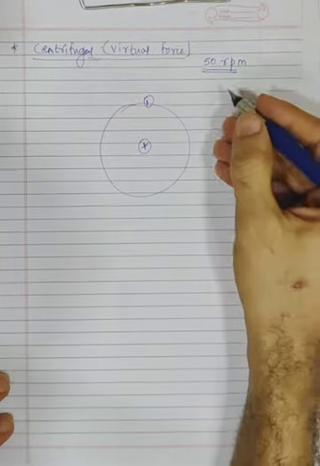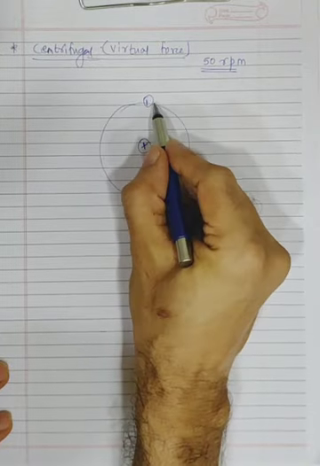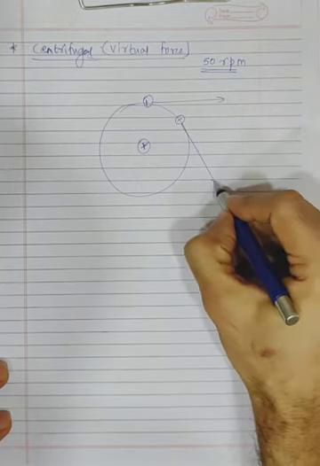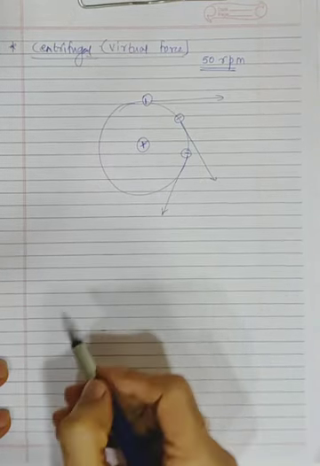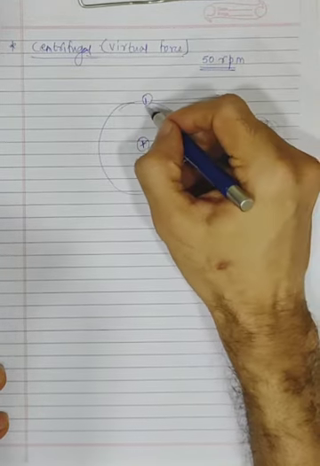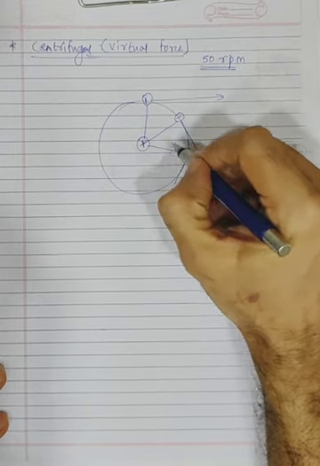So let's see. When they are moving, at every point Alia wants to move out in a tangential direction. So this is where it wants to move at every point. But as we know, the electron is not free to move out. It gets pulled inside. By whom?